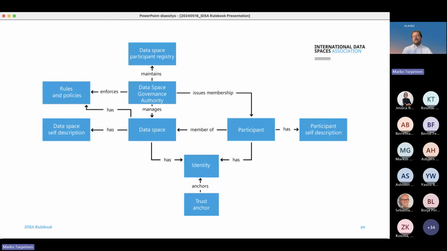Their identity can then be verified by the trust anchor that has been selected for the data space. And again, the data space has a self-description and an identity that is verified by the trust anchor. Then there's the rules and policies part. The data space has rules and policies where the data space governance authority, at least for the basic set of processes of the data space, is the authority that can define these rules and policies.